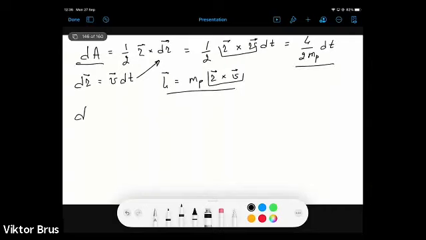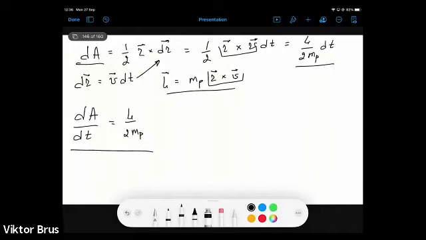So we can write dA over dt, the first derivative of the area swept by the radius vector, which defines the position of the planet with respect to the sun in the focus of this ellipse, is equal to L divided by 2 m_p.